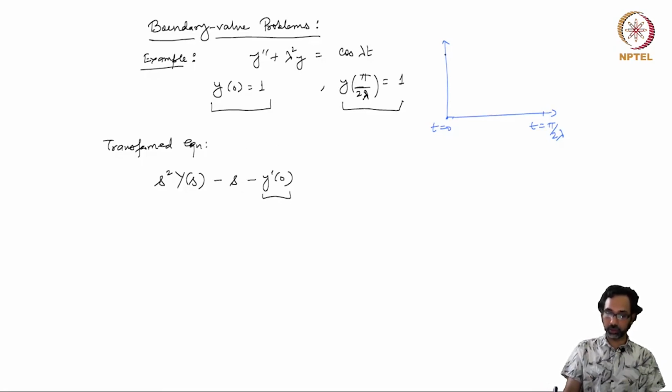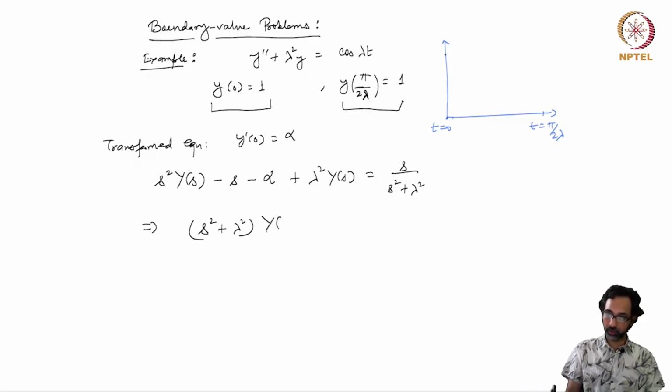This is not known, so we can let y prime(0) equal some constant alpha to be determined, and I am just going to put alpha here, and then plus lambda square Y(s), and on the right hand side you will get s over s square plus lambda square. Therefore s square plus lambda square times Y(s) equals s plus alpha plus s by s square plus lambda square.